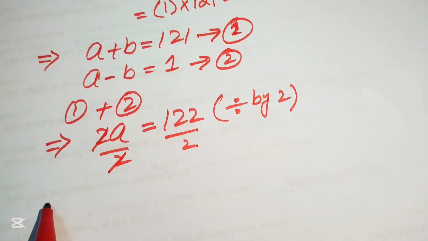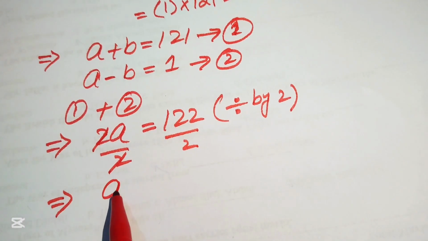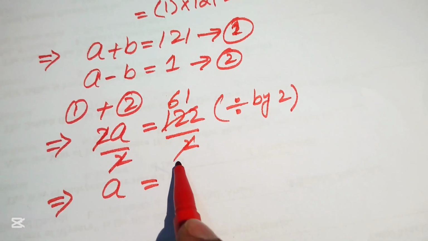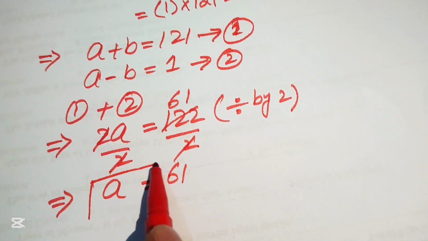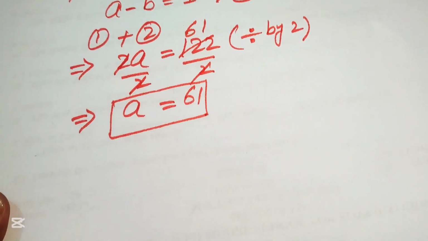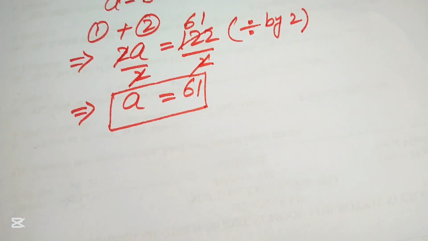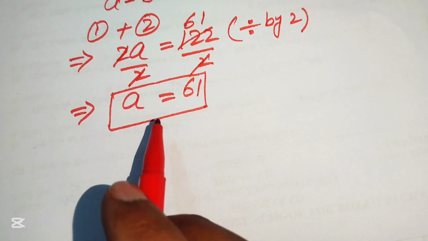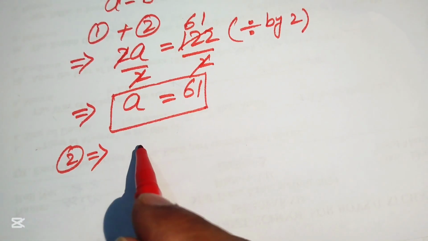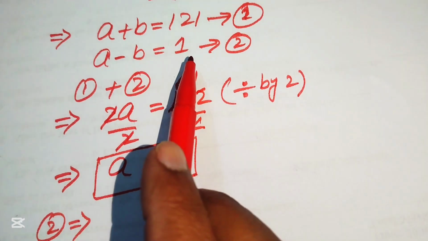This 2 is cancelled out by this 2 and we get A equals 61. So this is the value of A, and now we need to find the value of B. In order to find B, we substitute this value of A in equation number 2, which is A minus B equals 1.